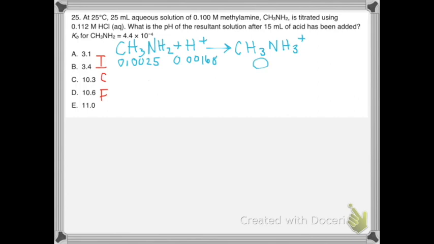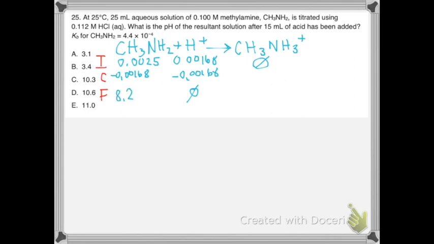And this will be 0 to begin. And with these reactions, we have to think about what our limiting reagent is. And so we can see that that is the H+. So we'll use all of that up. We'll use that much of our methylamine.